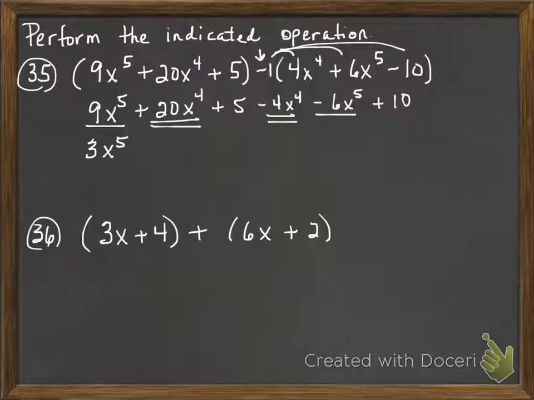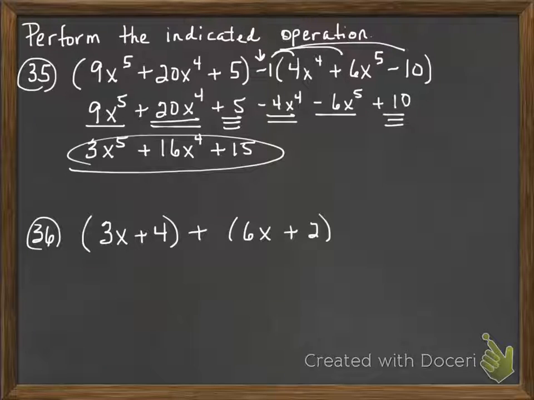So 20 minus 4 is a +16. And we keep x to the 4th because we're adding and subtracting here. So we're really just combining like terms. And then we have the +5 and we have the +10. Those are like terms and they combine to be +15. So that gives me my answer.